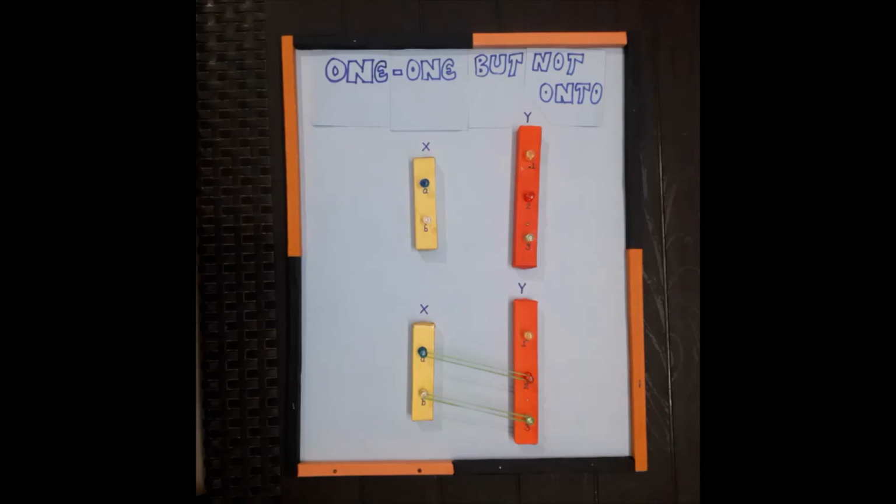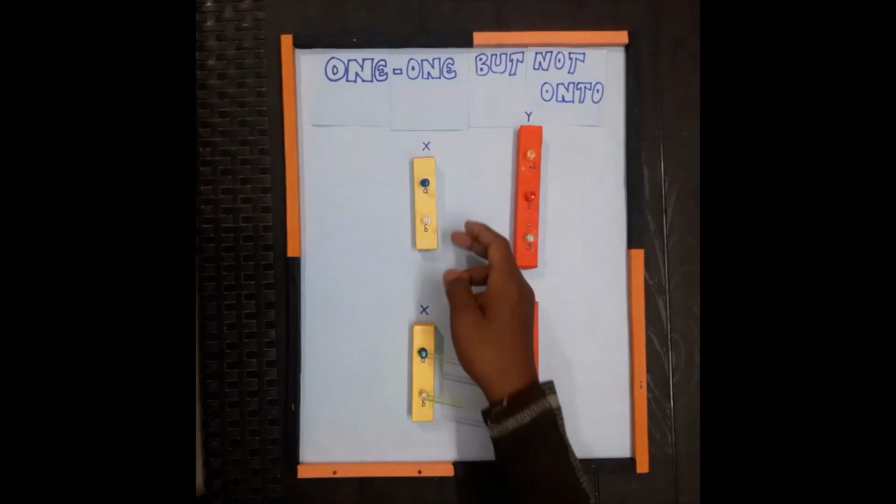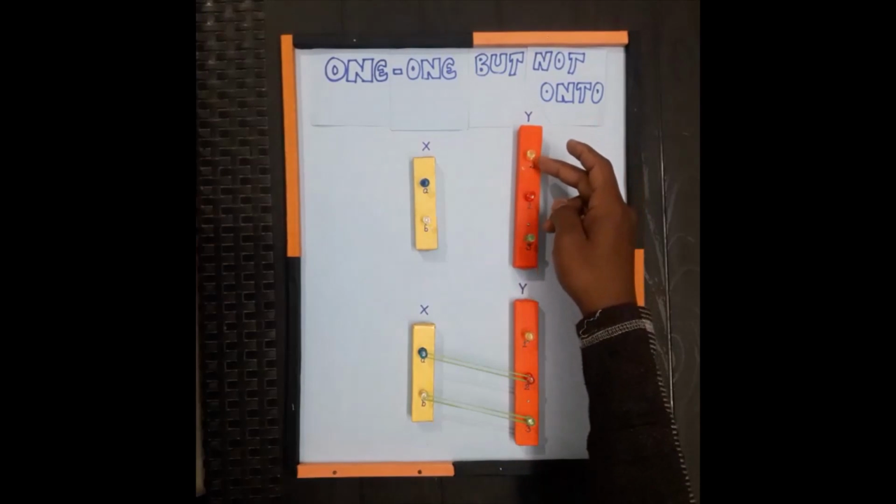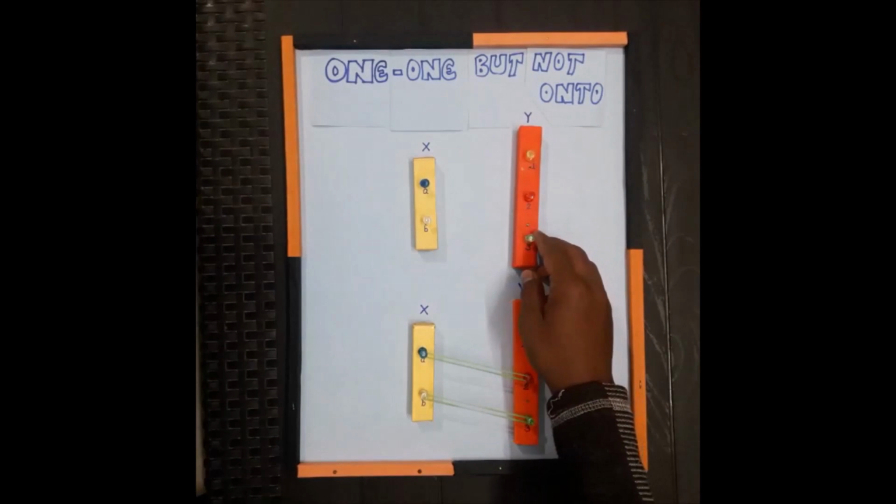The materials required for this project are a cardboard, pins, rubber band and adhesives, etc. Here in x there are two elements a and b, and in y there are three elements 1, 2 and 3.